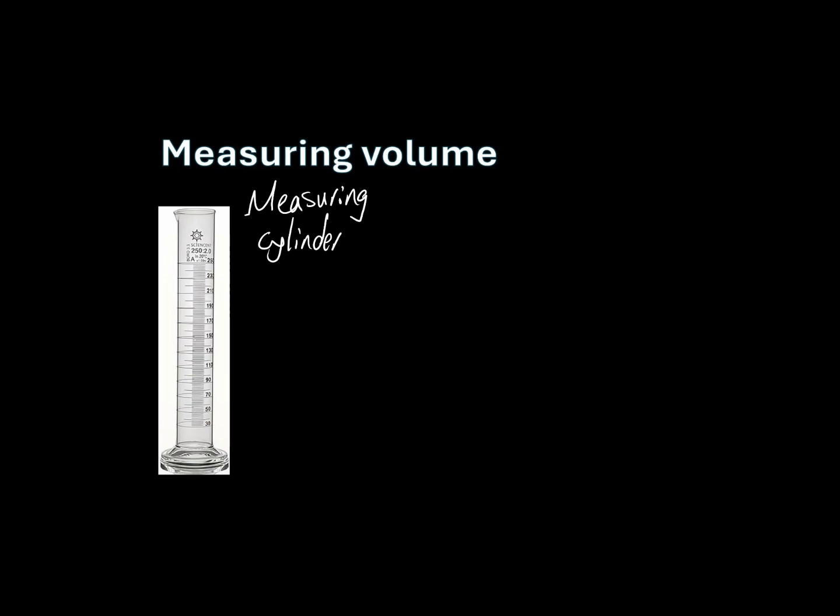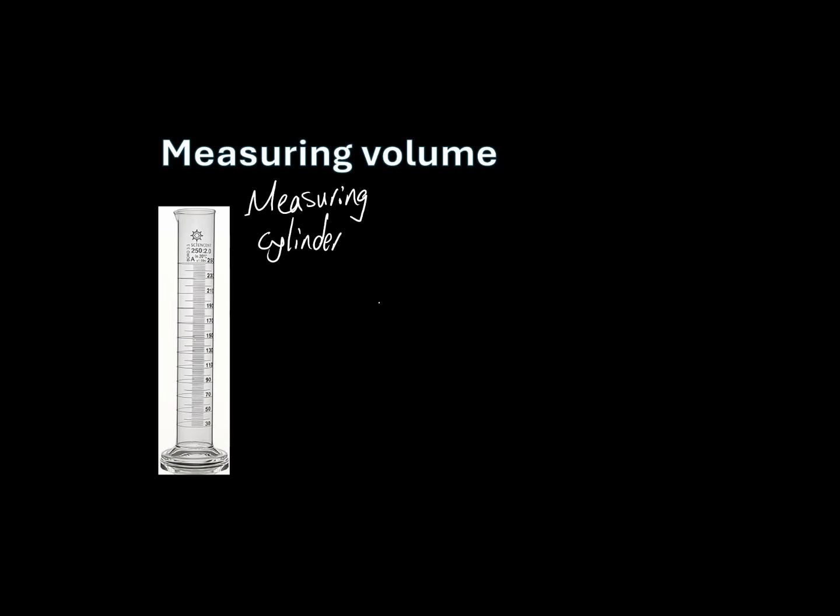The measuring cylinder is used to measure the volume of a liquid, like water, and it is used to measure the volume of an irregular shaped solid which can be immersed in this liquid.